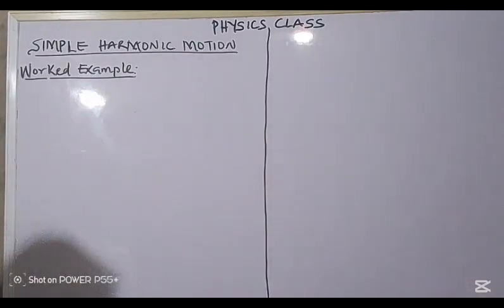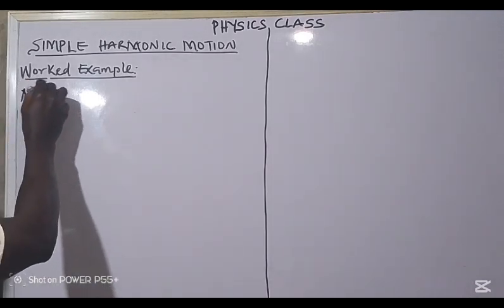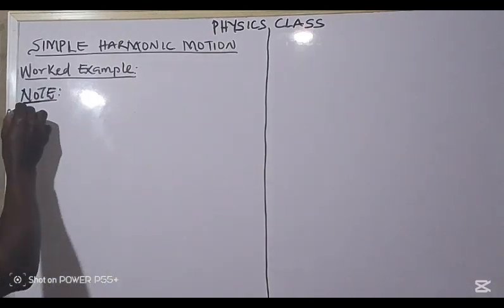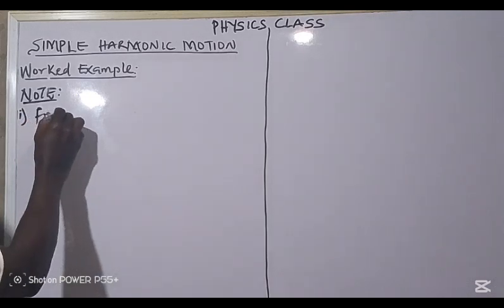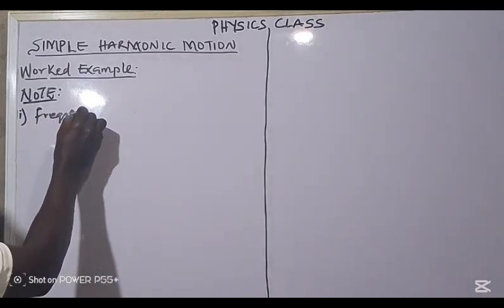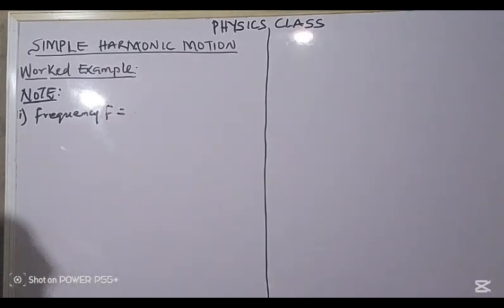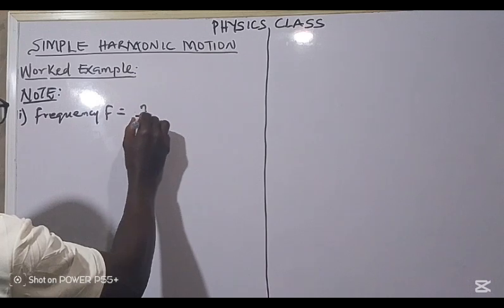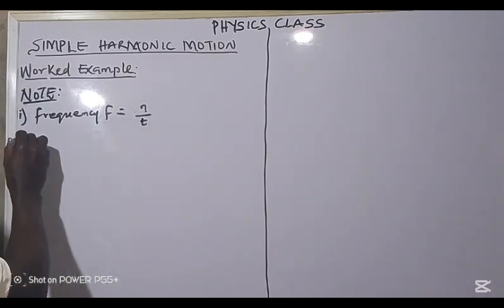So before we continue, let me remind you part of what we have done on that day. Note: 1. We said frequency of simple harmonic motion, F, is equal to number of revolutions over time taken. 2.